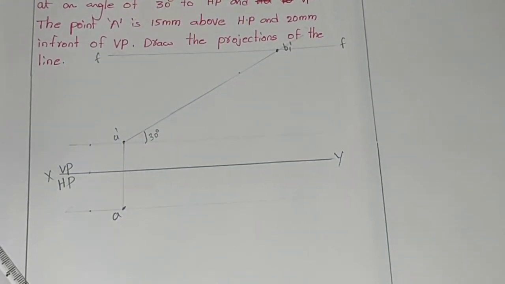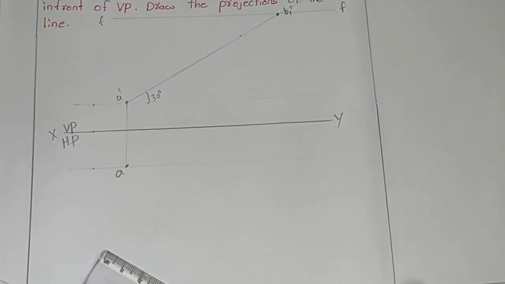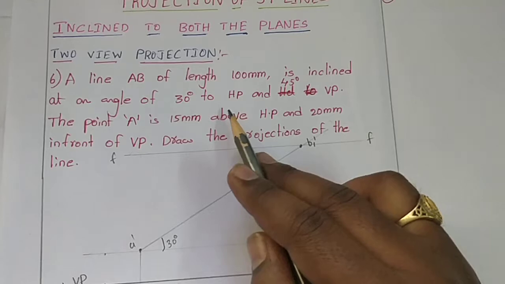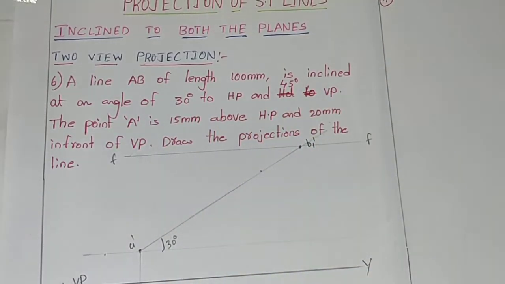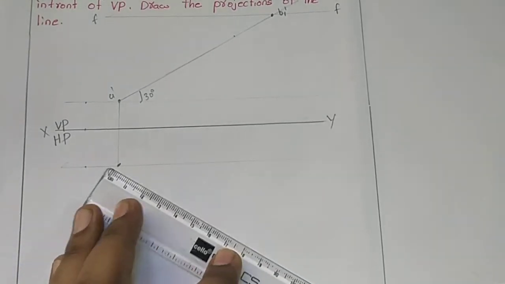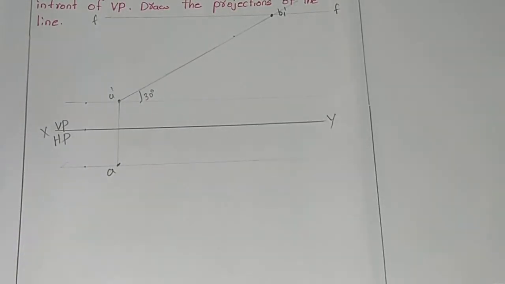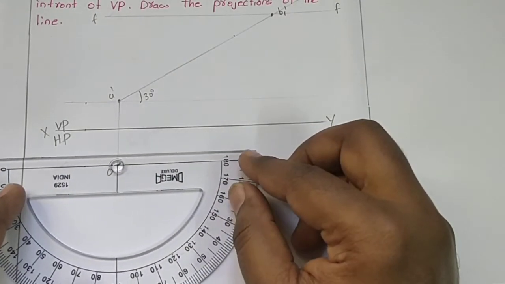Next, similarly, you need to draw the 45 degrees line, because in this problem the line is 30 degrees to HP and 45 degrees to VP. From this point, we need to draw the 45 degrees line.